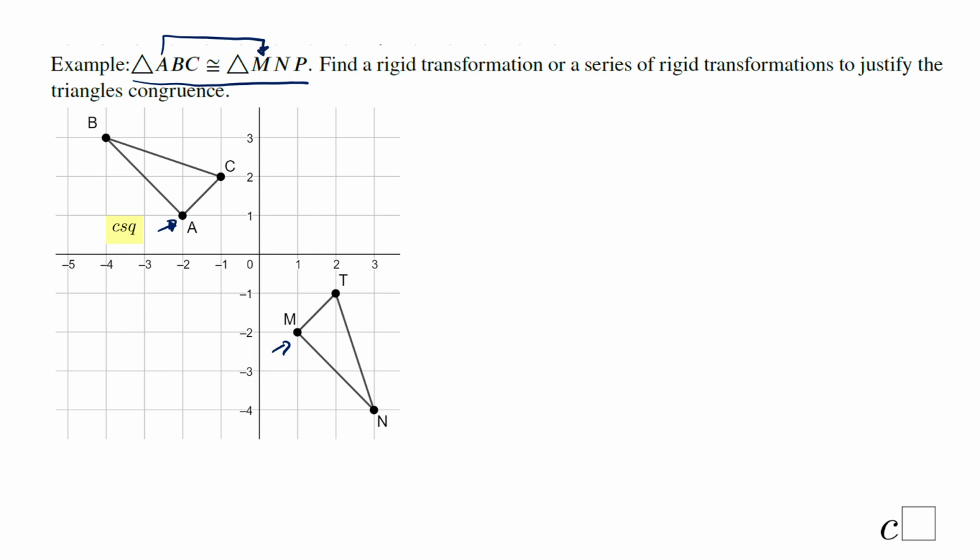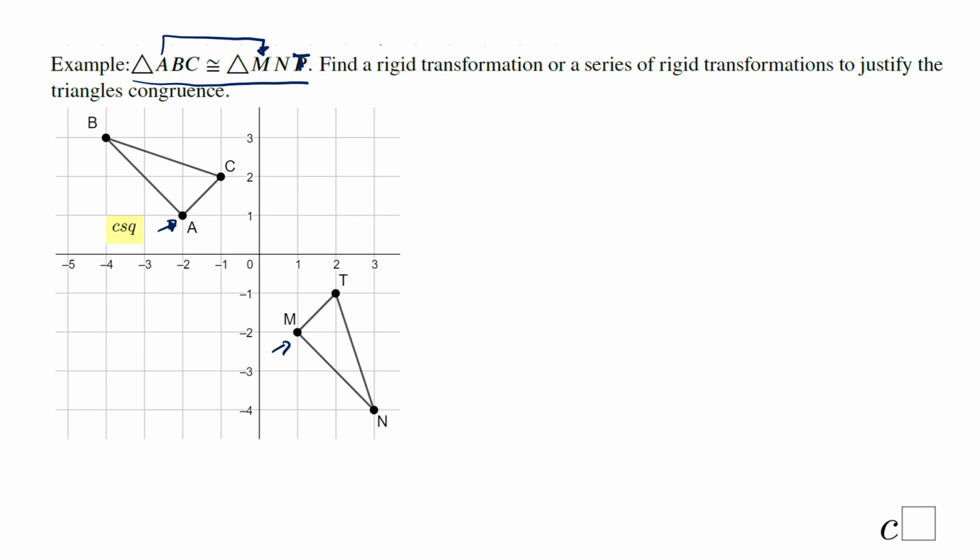Okay, and again, translation, yes, but it's not going to work for all of them, right? Maybe for C and T, I'll say here M and T, not P. I apologize. It's going to work as a translation for C and T, but that translation is not going to work for A and N.